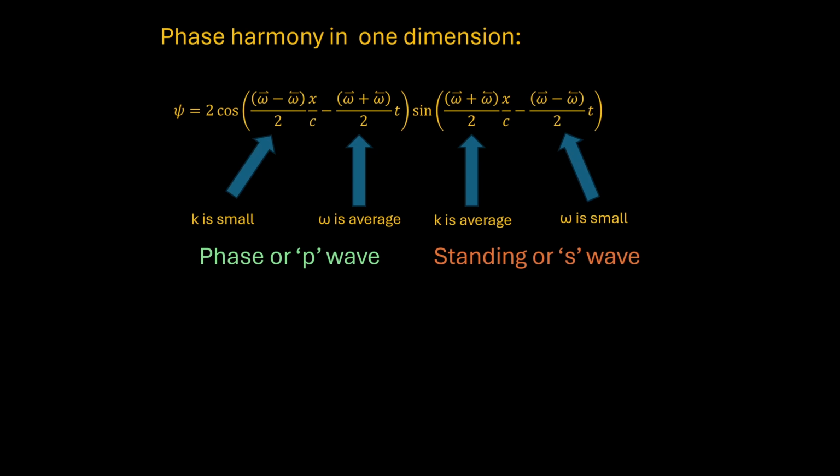Then we showed that it was possible to factorize the summed waves into the product of 2 other waves, which we called the phase, or P wave, and the standing, or S wave.